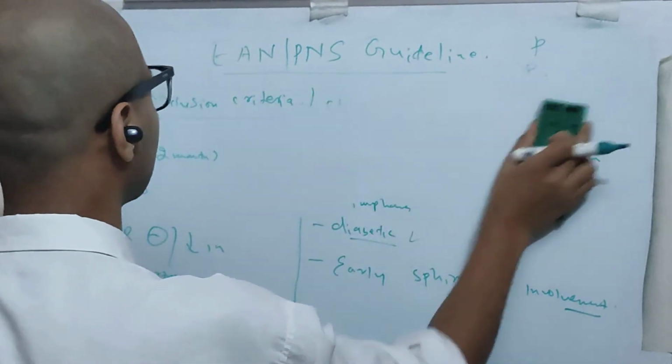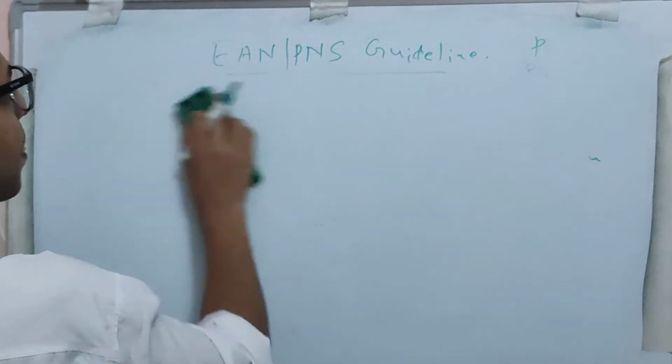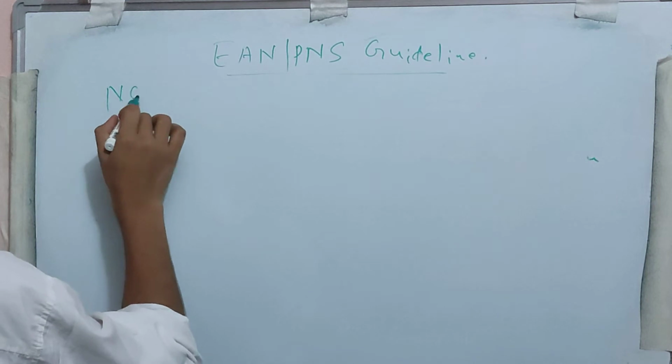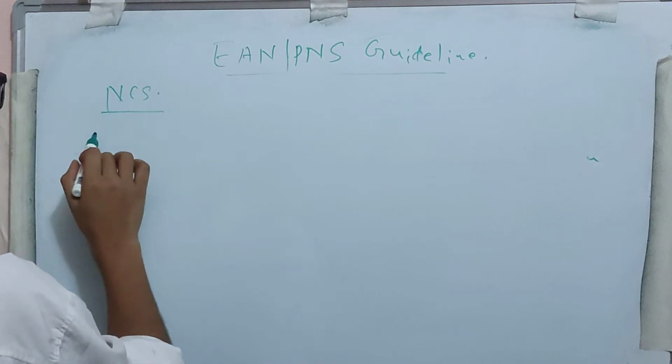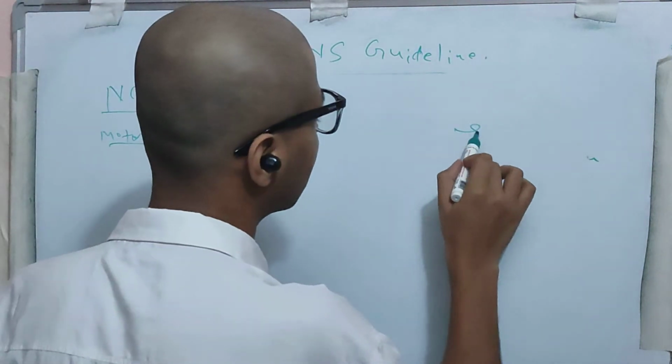Now let's talk about electrophysiological criteria. In a nerve conduction study, we test both motor nerve and sensory components.